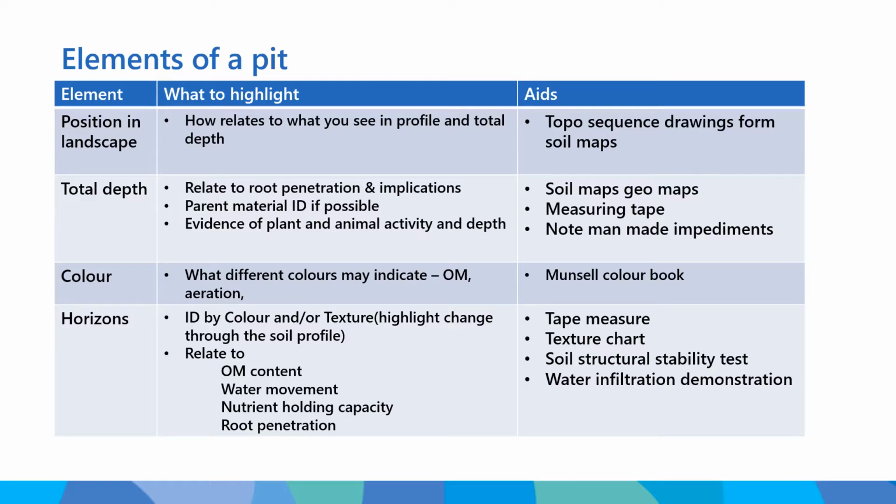Those soil landscape maps are really handy too, because they're soil landscape maps, so there's the soil and the landscape, they have great little topo sequence drawings in them, so it'll show you how the soil types in terms of classification vary across the landscape, so that's pretty handy.